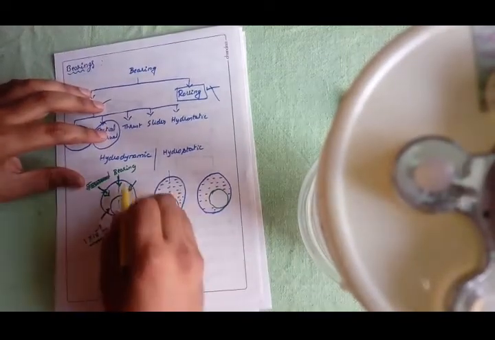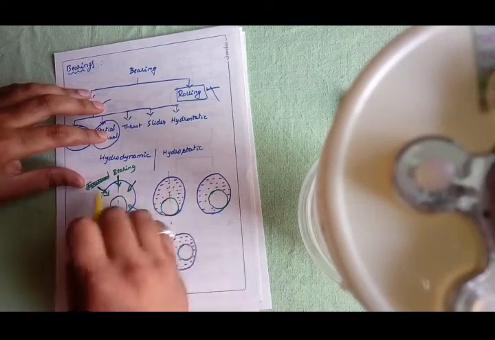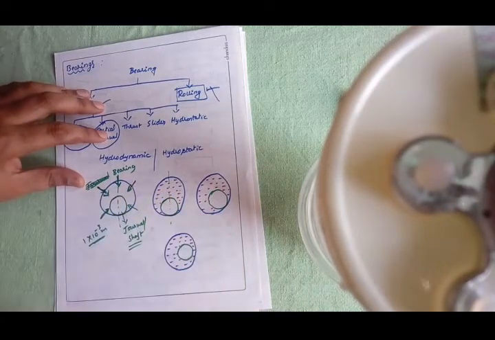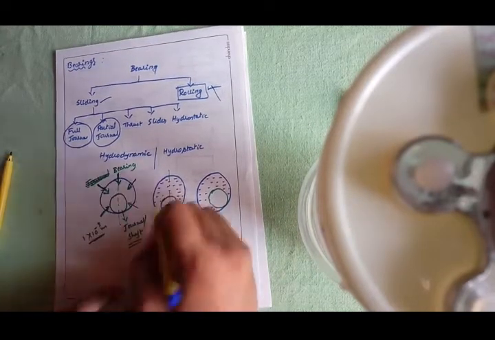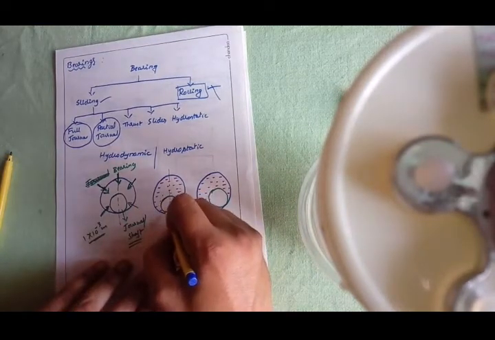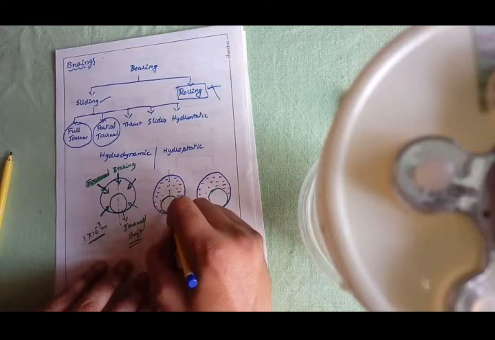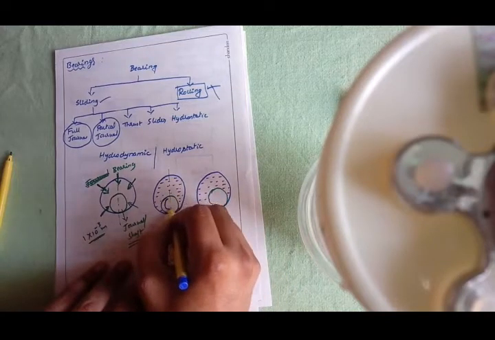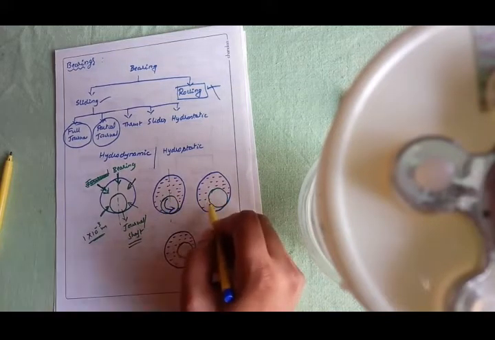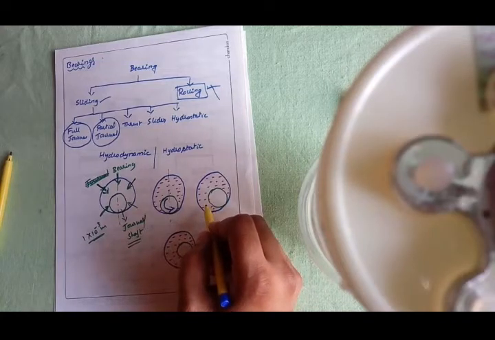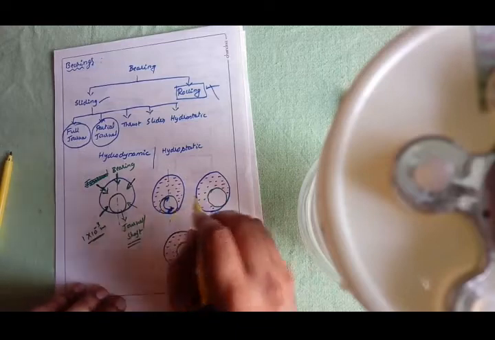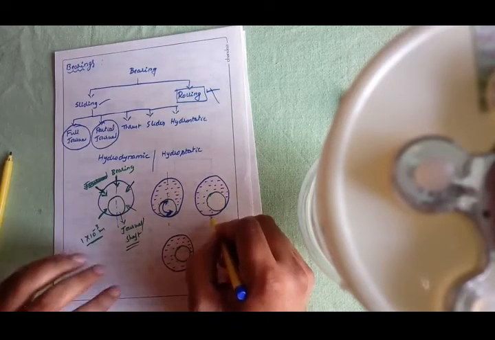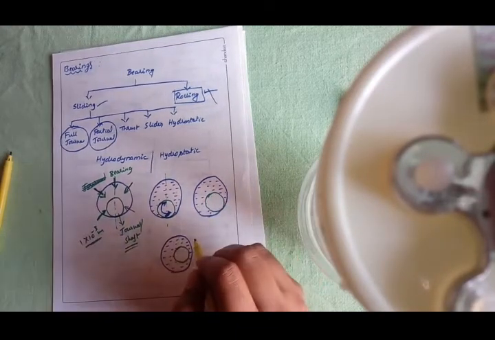Now see, once the oil is allowed to fill the space, it will be somewhat like this. Now I'm going to start rotating this shaft in a clockwise direction. As I start to rotate it, it is going to slide over the bearing surface.